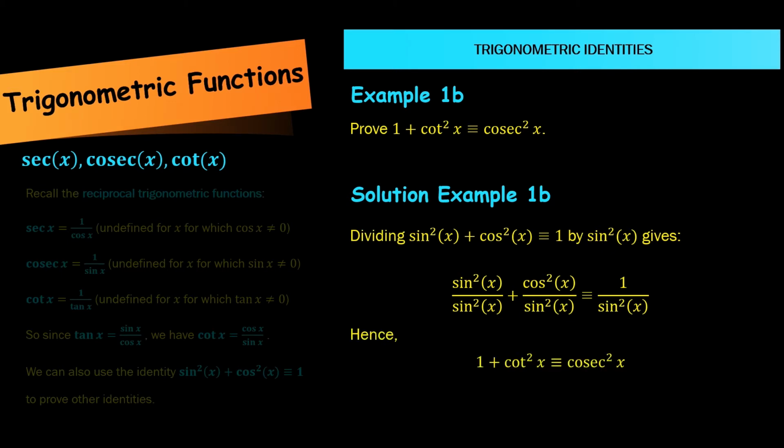Tidying up gives us 1, which is from, of course, sin² divided by sin², plus cot²x, since cot x equals cos x over sin x, is identical to cosec²x, since cosec equals 1 over sine. And therefore we've proved the identity.